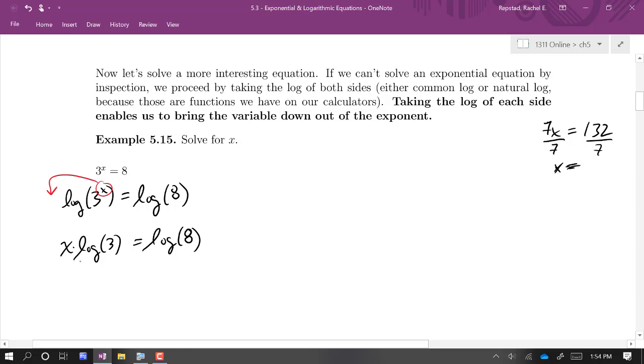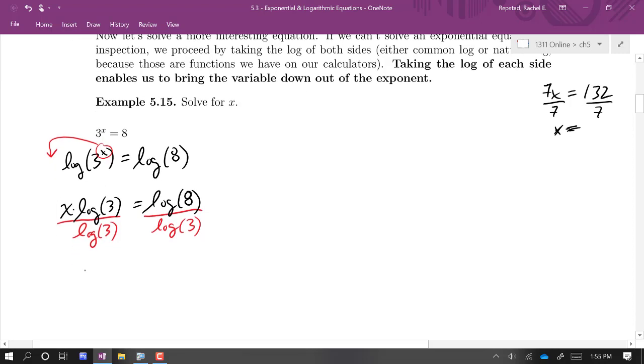The same thing holds over here. Log 3 is just a constant, so I'm going to divide both sides by log 3. So as an exact value, x is log 8 divided by log 3.